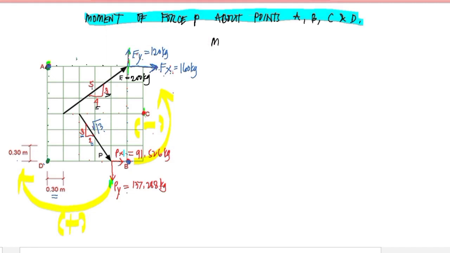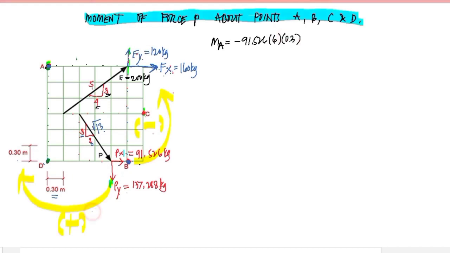So we have moment at point A is equal to Px, so that's counterclockwise, so it's negative 91.526 multiplied by the perpendicular distance. Since this is the line of action of Px, therefore, this is the perpendicular distance to point A. And it's 1, 2, 3, 4, 5, 6, so that is 6 blocks of 0.3.